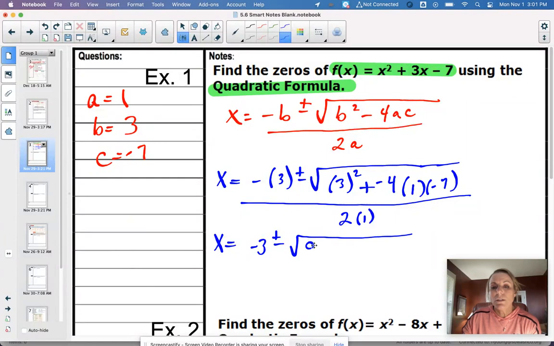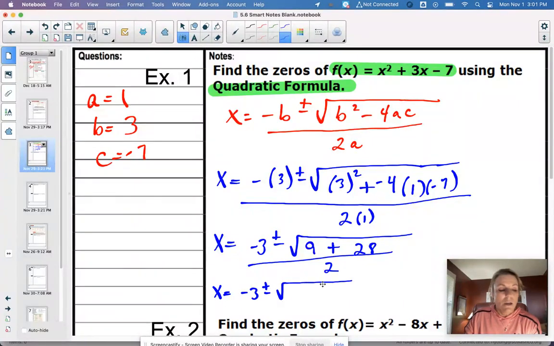So we have 3 squared is 9 plus -4 times 1 times -7 is a positive 28, all over 2. So we get -3 plus or minus 9 plus 28, which is 37, and the whole thing is over 2. Notice that this whole thing is over 2a, not just the radical part.